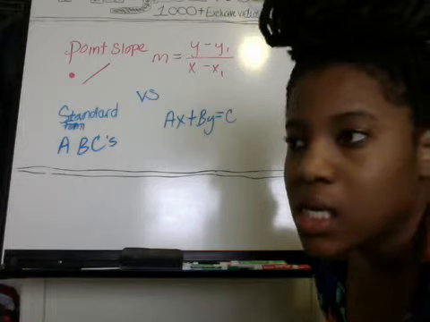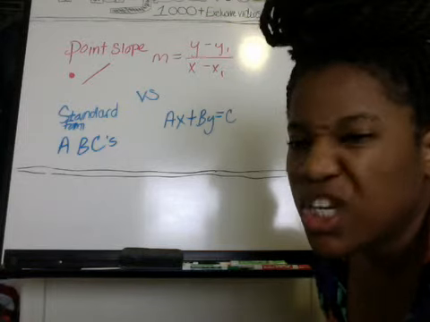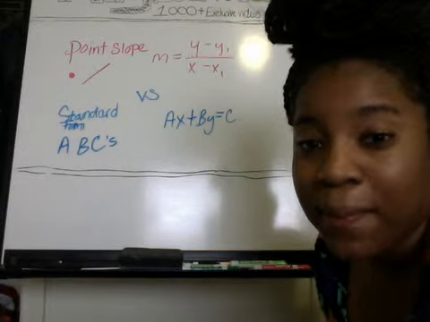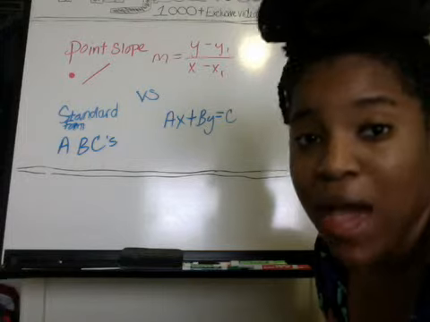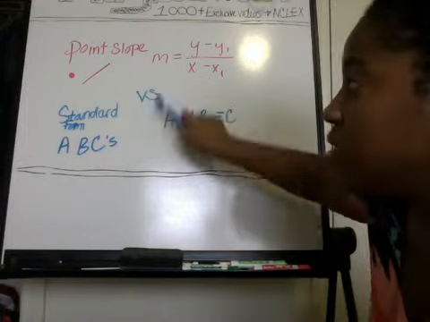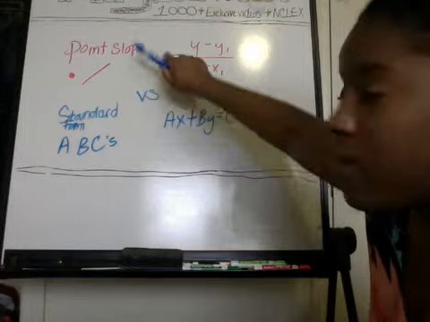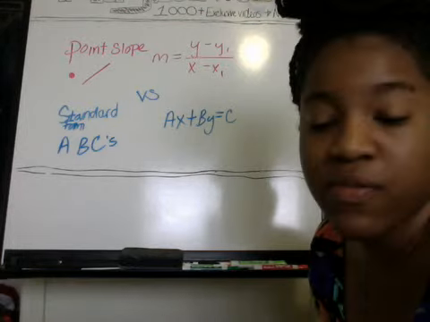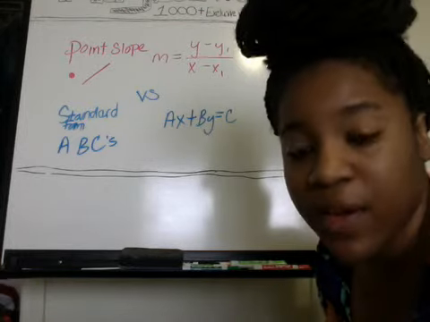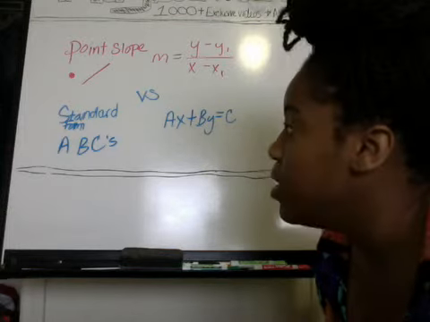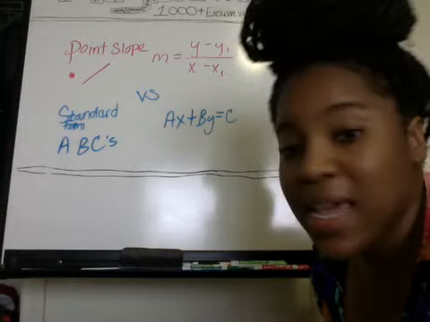Basically, all it is pretty much just writing it a different way, okay? Now, I'm going to show you how to get to the standard way from a point slope way, and it's very simple, and it's very easy, okay? So, standard form.